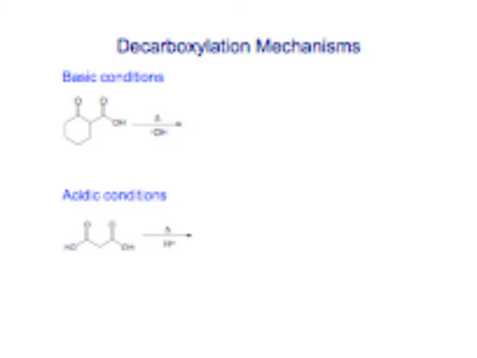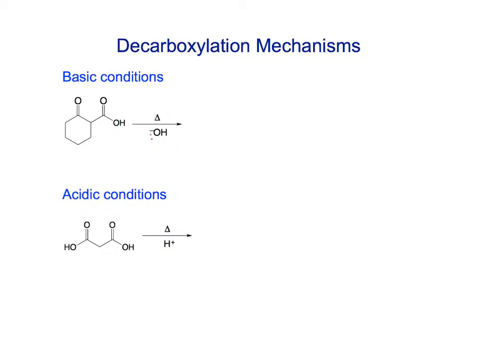All right, so the first thing that happens here is just the hydroxide pulls off the carboxylic acid proton. We're going to get the conjugate base, like this, in water. And then this is the point at which it's going to decarboxylate.